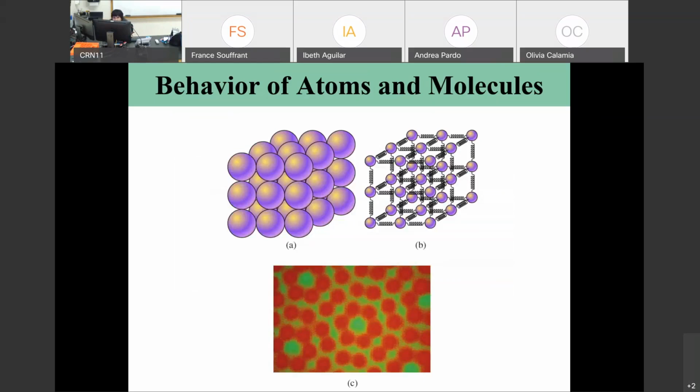This is what we know as the standard model to represent the interparticle forces in a solid. As I was saying at the beginning, even though we accept the fact that atoms are in a fixed place in the solid, as you see in part A, in part B, they sort of recreate very nicely what's actually happening.